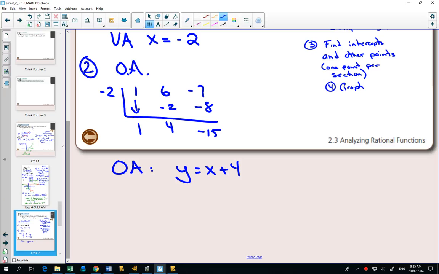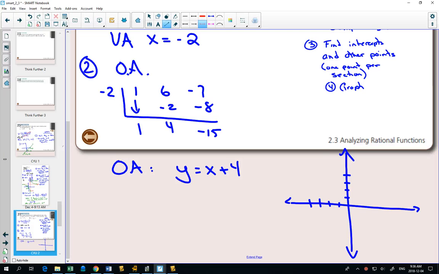At this point, once you've done both of your asymptotes, I would say we can start graphing. We can put in the stuff we already know. We know that we're going to have a vertical asymptote at x equals -2, and we have an oblique asymptote. So let's draw our asymptotes in.